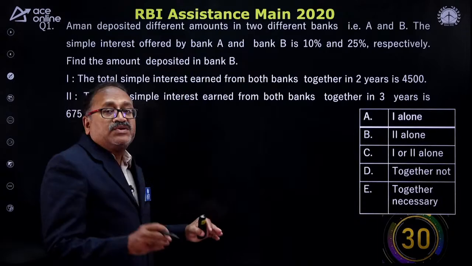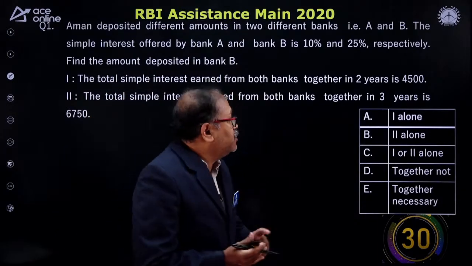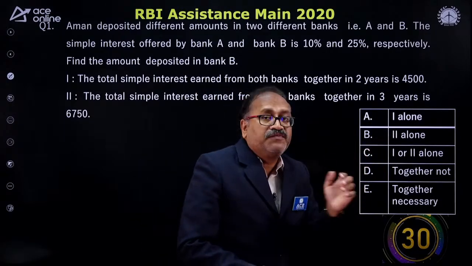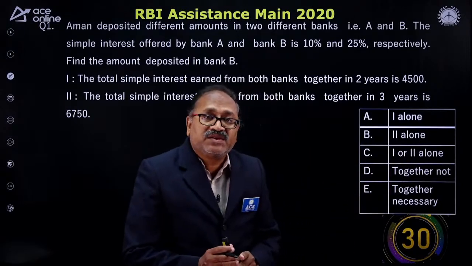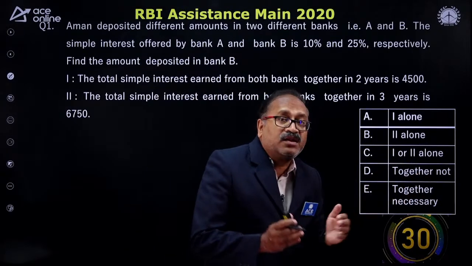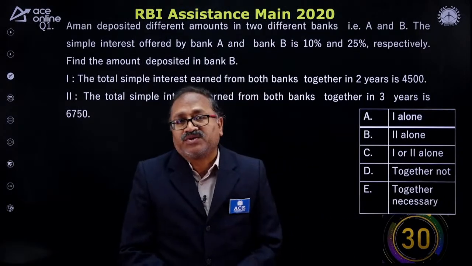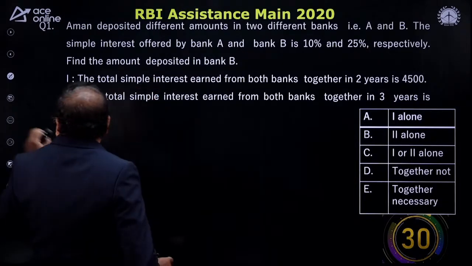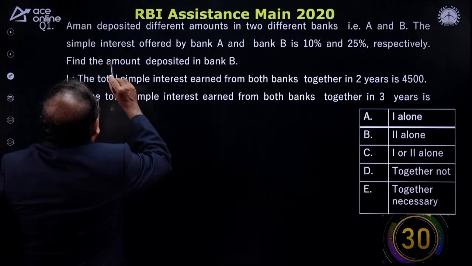The first 5 questions are given as data sufficiency: whether data 1 alone is sufficient but not 2, or 2 alone is sufficient but not 1, or either 1 or 2 is sufficient, or together they are not sufficient, or together are necessary to answer the question. So before I give you the 30-second time, let's check what the question is.